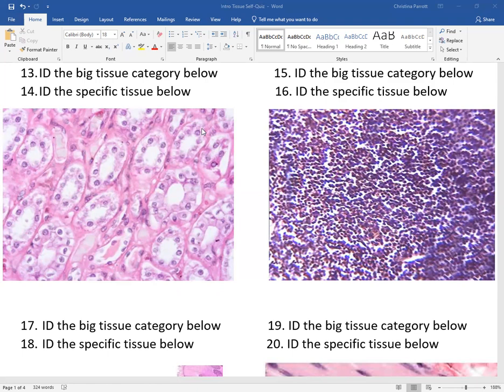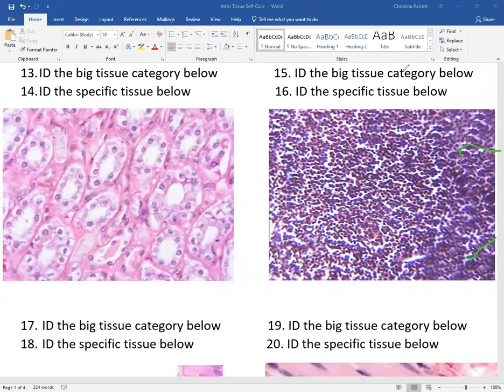Number 15 and 16, you're seeing a bunch of reddish purple dots. Sometimes they can be kind of a brown color. And then over here, that might be a dark fiber running right there, and maybe one running right there.